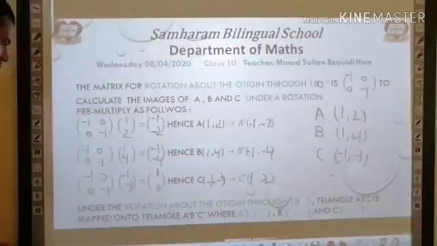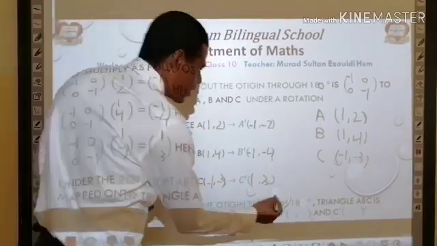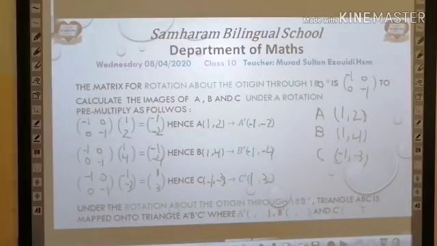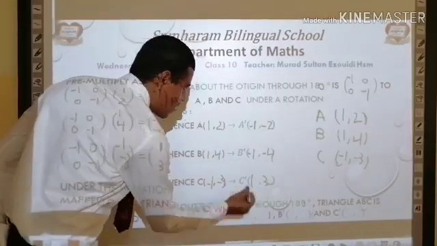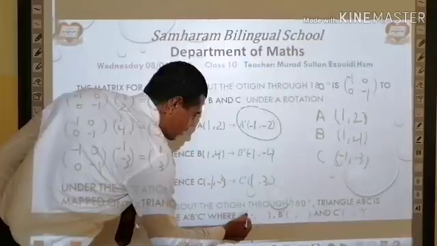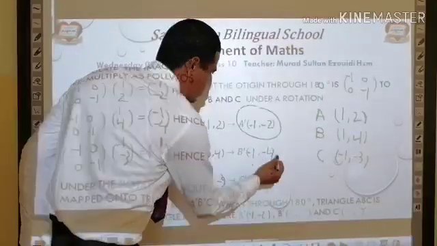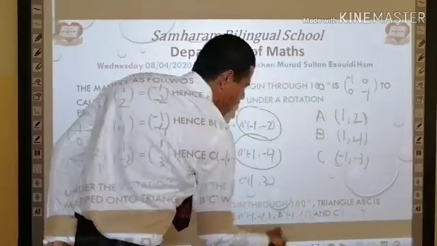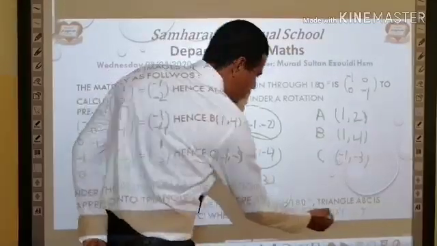Now, as a conclusion, in the rotation about the origin through 180 degrees, triangle ABC is mapped onto triangle A prime, B prime, C prime, where A prime is -1, -2, and B prime is -1, -4, and the last one C prime is 1, -3.